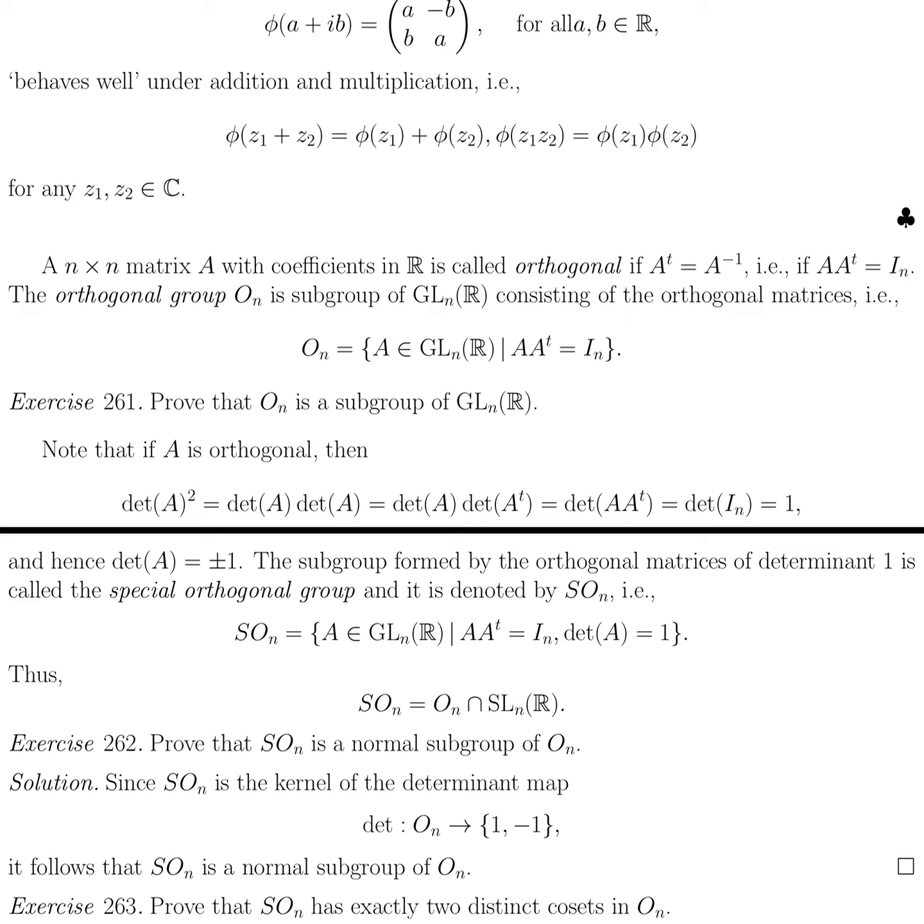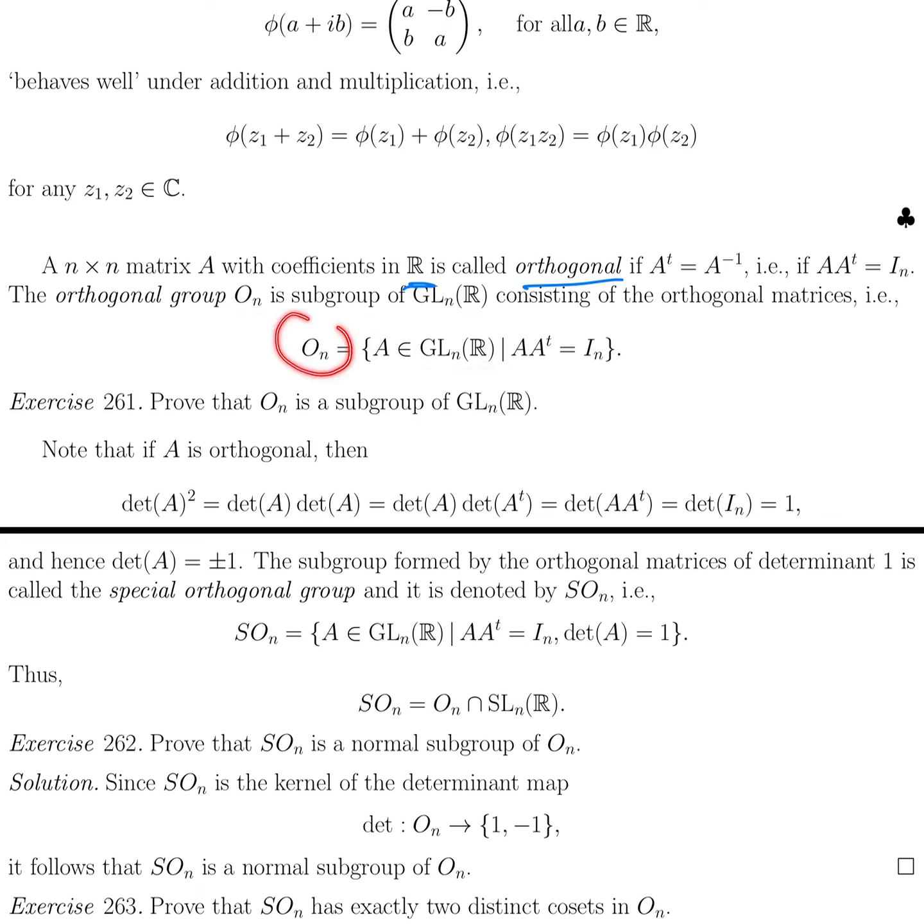If you take an n by n matrix A with coefficients in R, such a matrix is called orthogonal if its transpose is equal to its inverse, that is, A transpose A is equal to the identity. The orthogonal group On consists of such matrices, those elements of GLn(R) such that A transpose A is the identity.